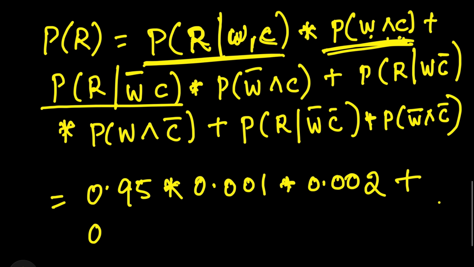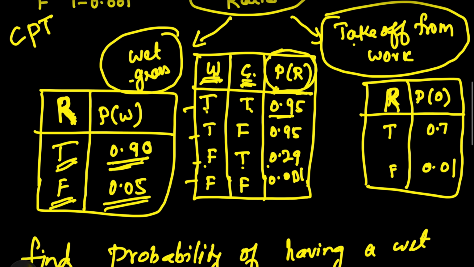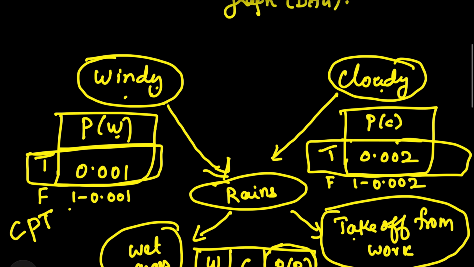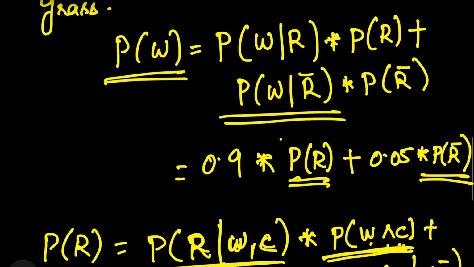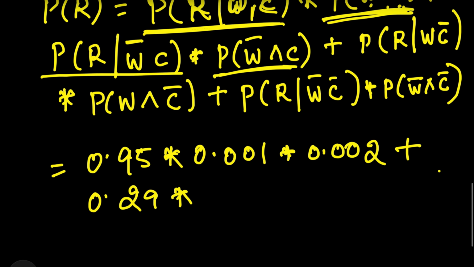So let me take 0.29 into probability of wind false and cloud true: wind false is 1 minus 0.001, so what is the value we can take? 0.999. We can take 0.999 into 0.002.